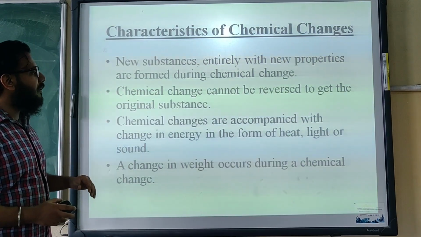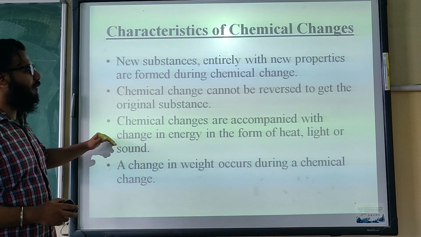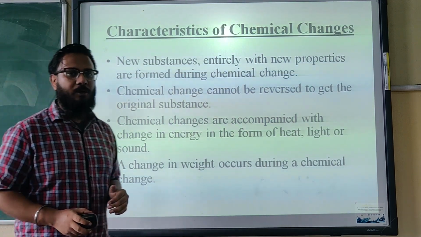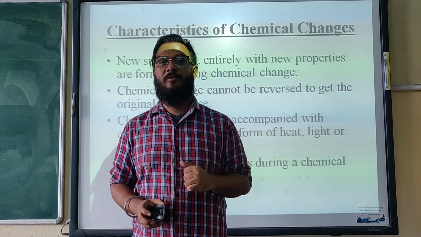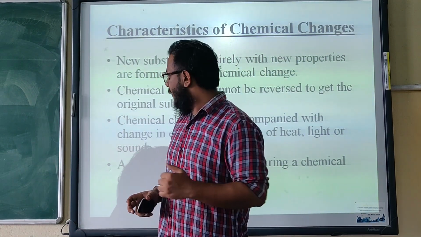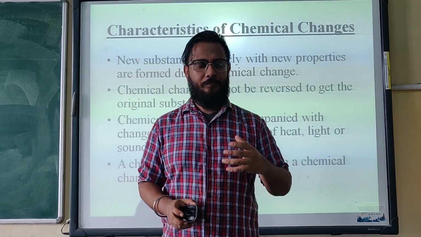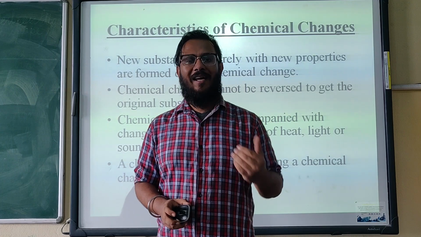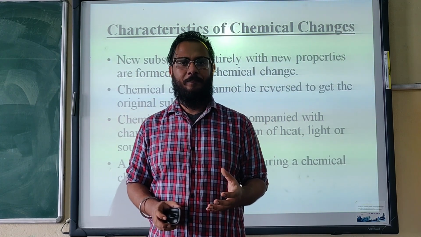Third point, chemical changes are accompanied with change in energy in the form of heat, light or sound. I've already talked about this in the characteristics of the physical change, so I'm going to repeat it again. In chemical changes, heat energy, light energy or sound energy is either absorbed or released.